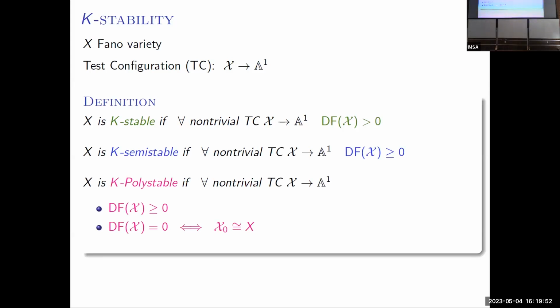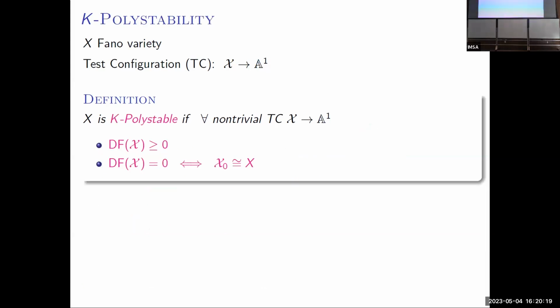So X is K-polystable if for every non-trivial test configuration the Donaldson-Futaki invariant is non-negative, and it is 0 if and only if the central fiber is isomorphic. And so we have some trivial implications: K-stable implies K-polystable, and implies K-semistable.